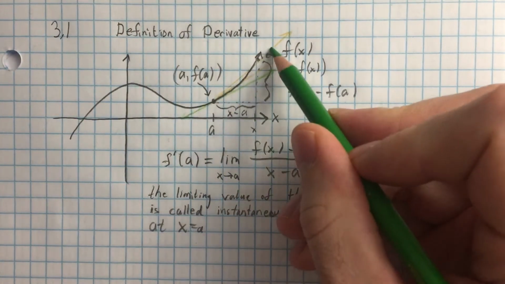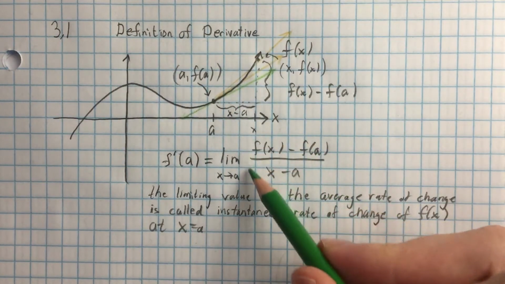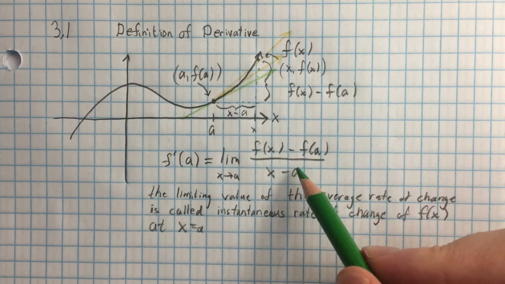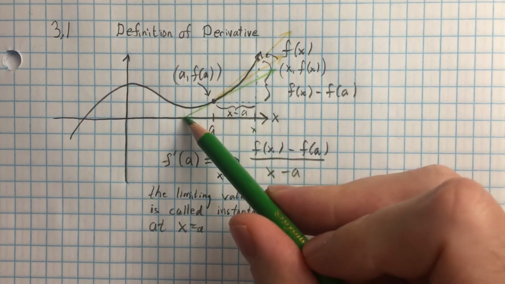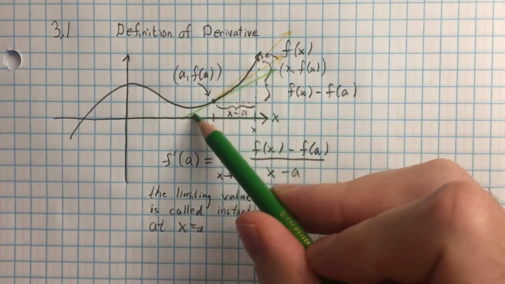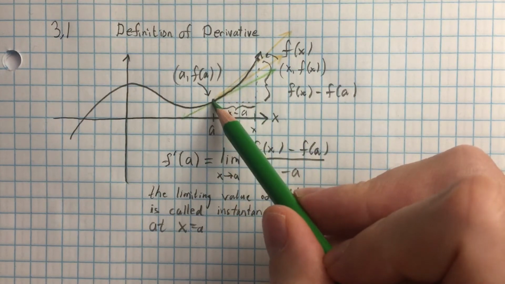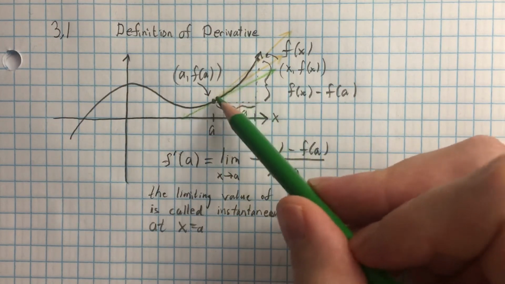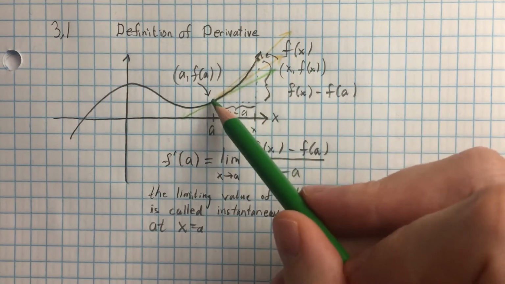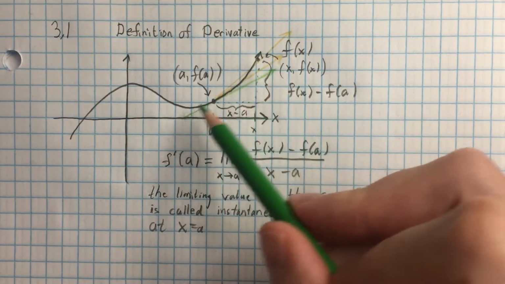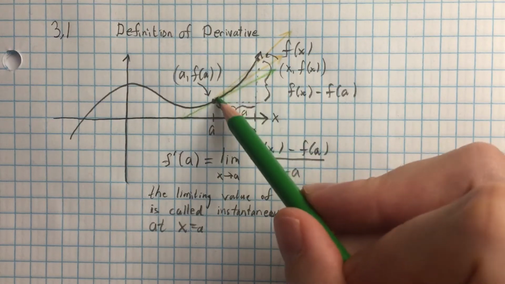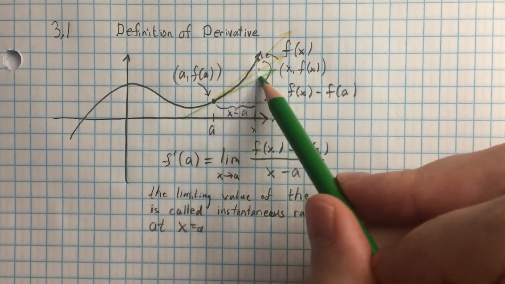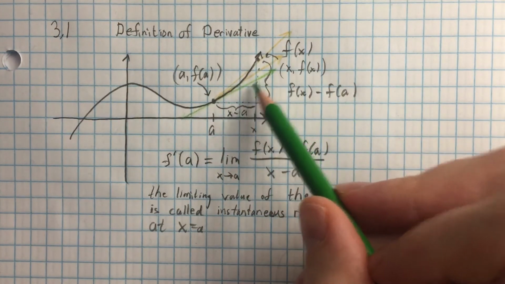So therefore the slope of the secant, which is represented by this expression here, the average rate of change, is getting closer and closer to being the slope of the tangent, right? Slope of the tangent is the slope of the curve, right? So average rates of change become an instantaneous rate of change, happening at one single point, not between 2 points. Become the instantaneous rate of change, which is the slope of this green line.